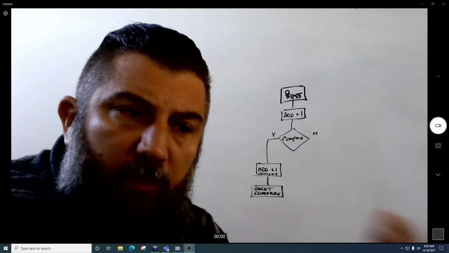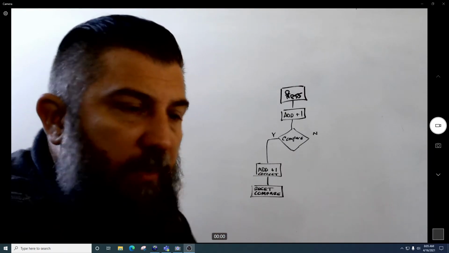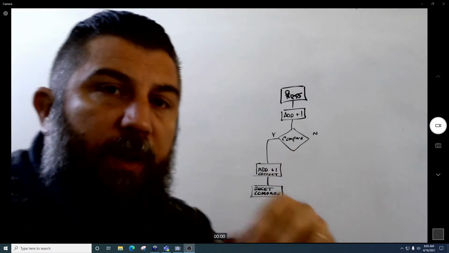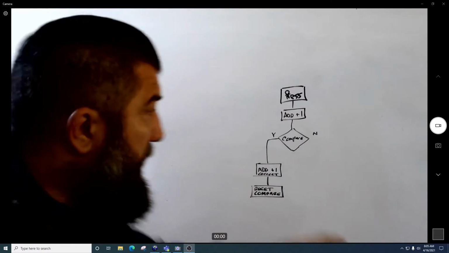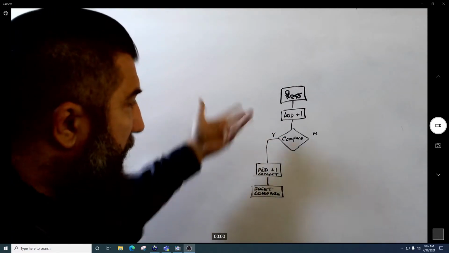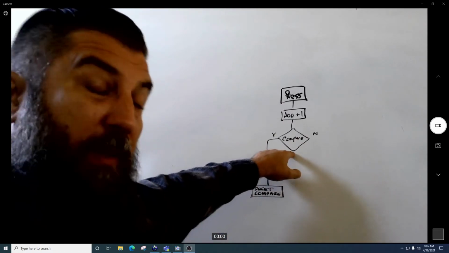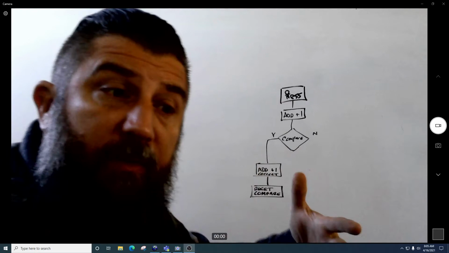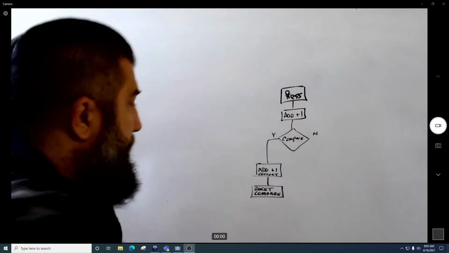My code is 1423 in the sample. So when the game starts, the compare node is set to look for the number 1. If the player presses 1, it's going to come over here and say, all right, you got 1, so we're going to add that. Then it's going to set the compare so that it starts looking for the next number, which would be 4. And then it's going to loop back up.